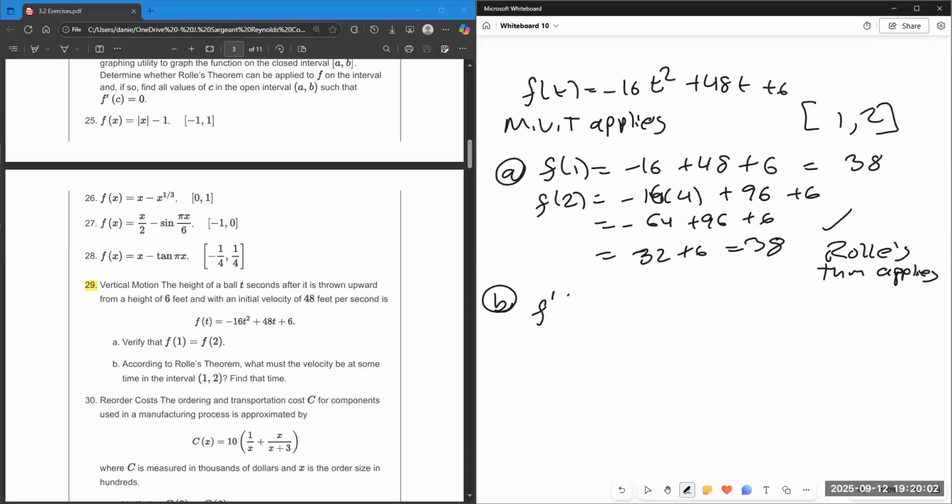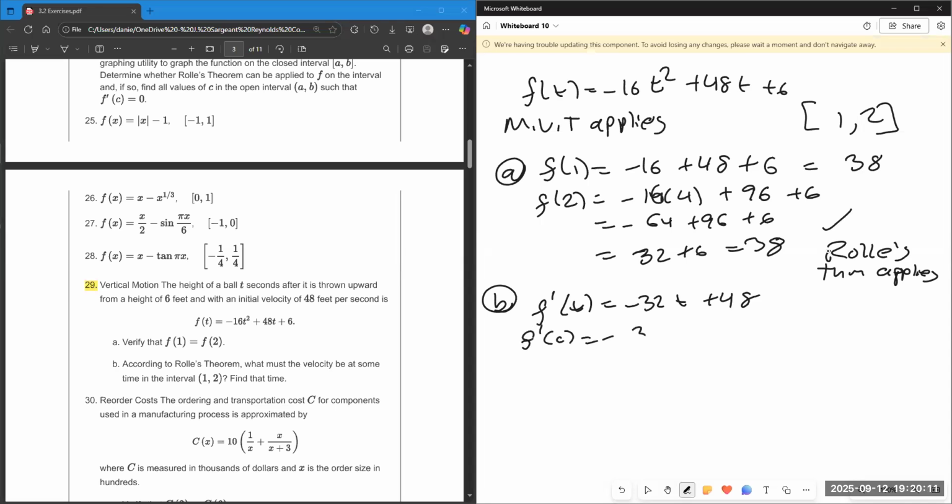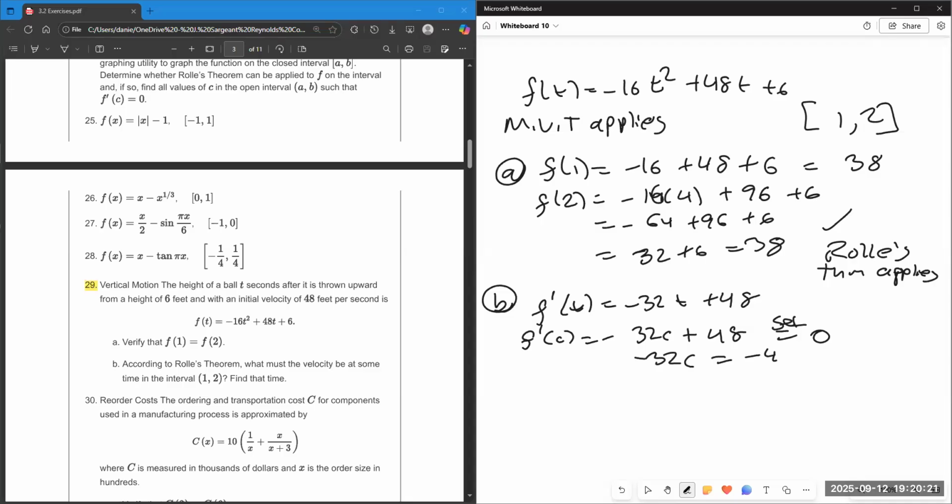So f prime of t is equal to negative 32t plus 48. f prime of c is negative 32c plus 48. We're going to set that equal to 0 because that's the average rate of change. Negative 32c is equal to negative 48. c is 48 over 32.